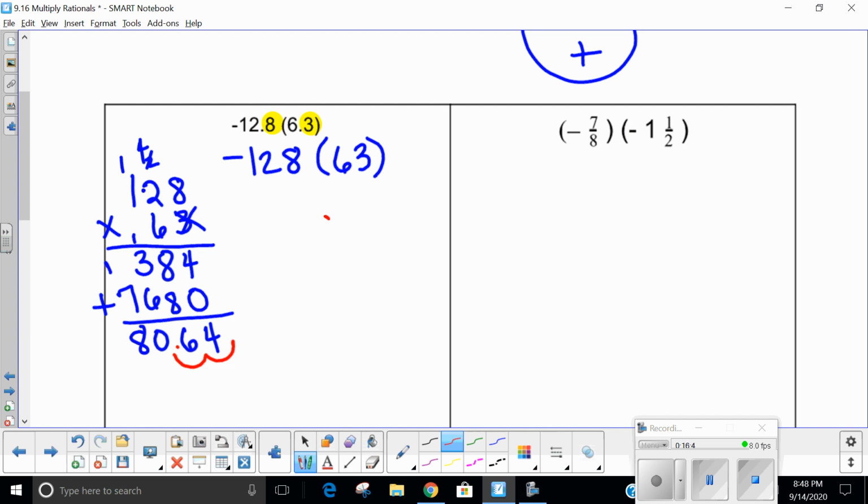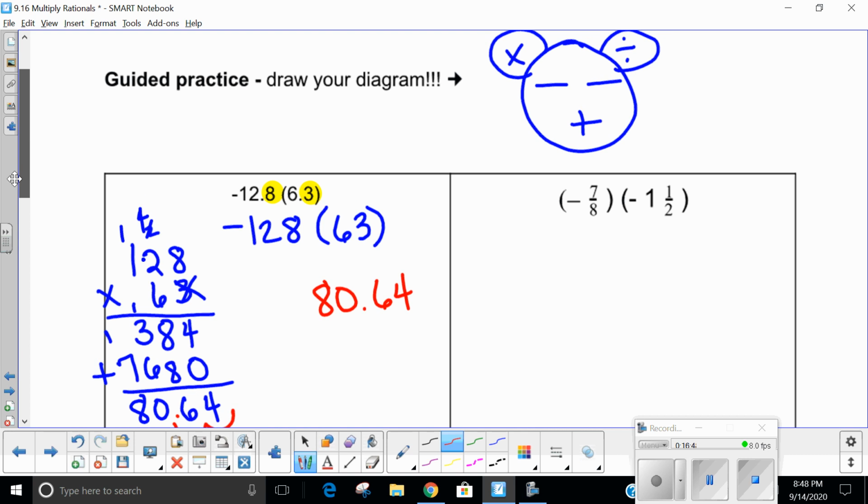So my answer would be 80.64, but is my sign positive or negative? We have a negative times a positive. A negative times a positive gives me a negative answer. So my answer has to be negative. And that would be our final answer.